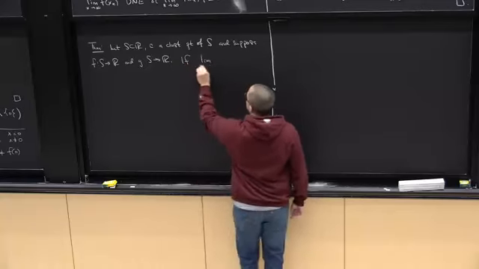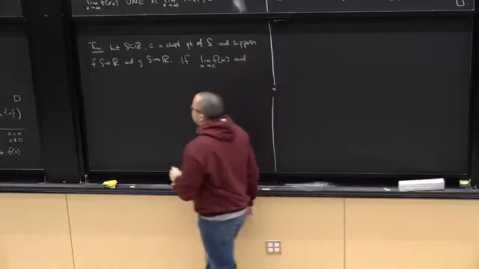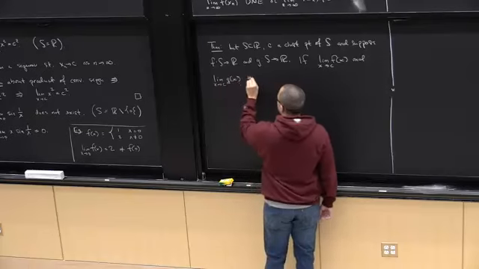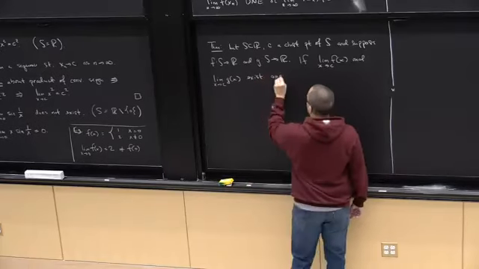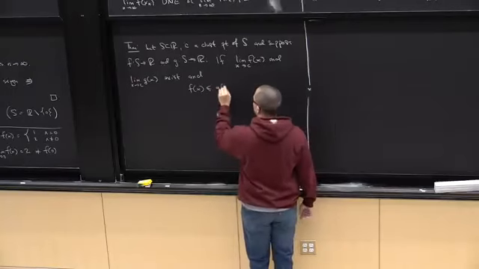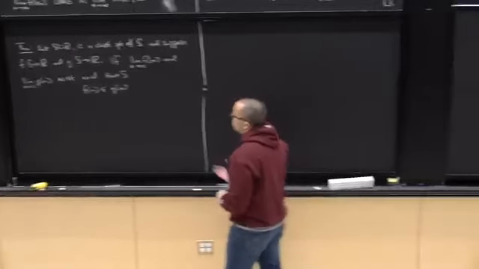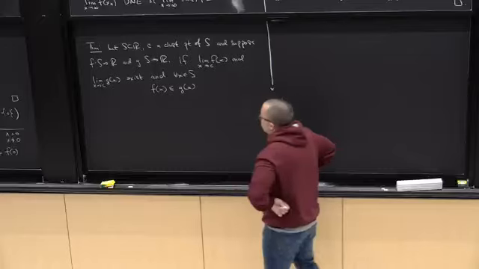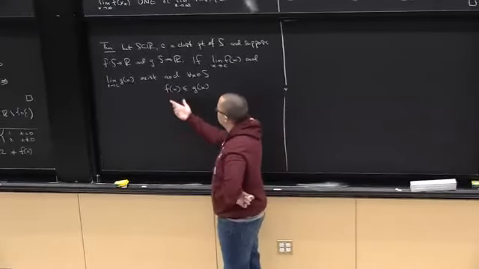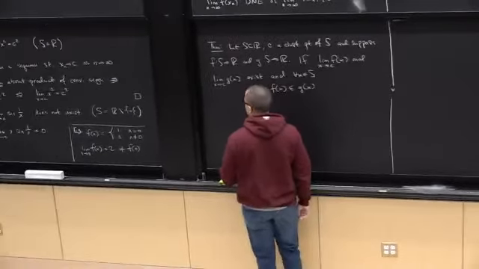If these two limits exist, and one function is smaller than the other, then, so we had an analogous statement for sequences, which was if I have two sequences converging and one is less than or equal to the other, then the limits, one limit is less than or equal to the other.